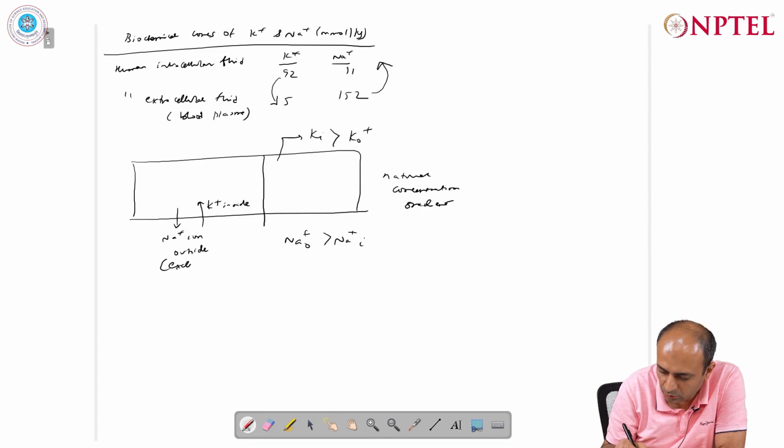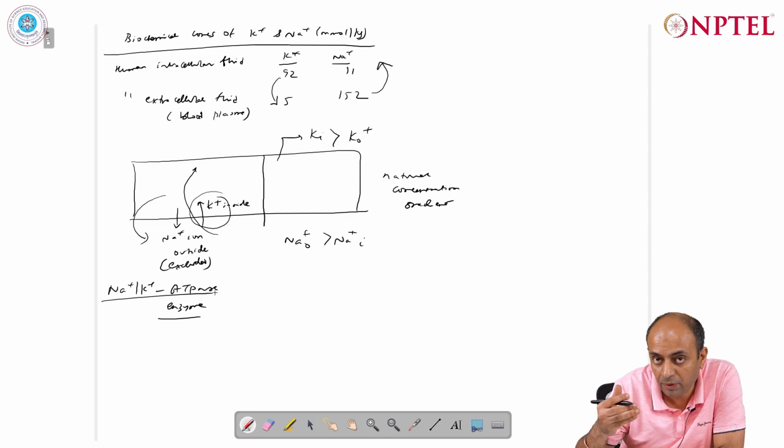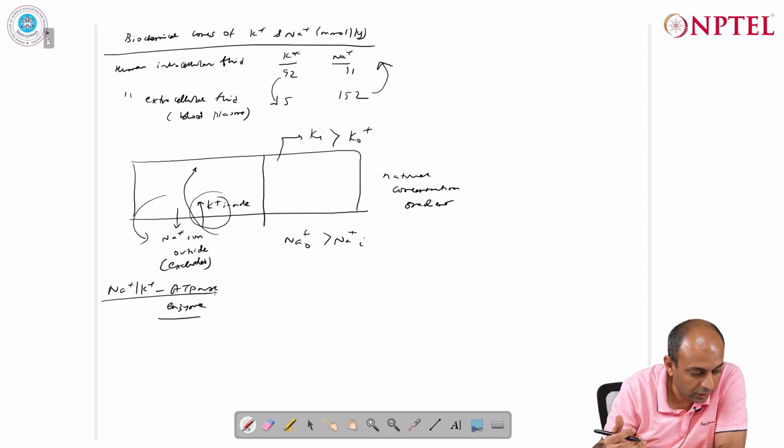This has to be excluded and this has to be included inside. This process of pumping potassium ions from the outside to the inside of the cell and sodium ions from the inside to the outside of the cell is done using the Na plus K plus ATPase enzyme, because this is not a natural process, it is occurring against the concentration gradient.